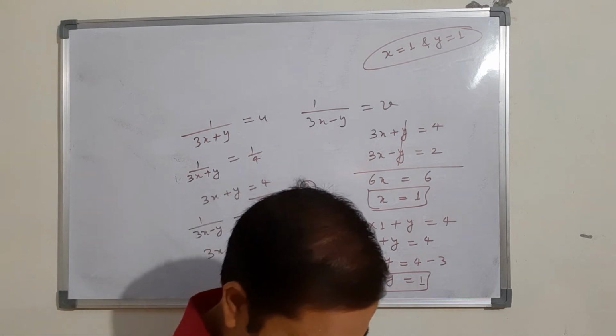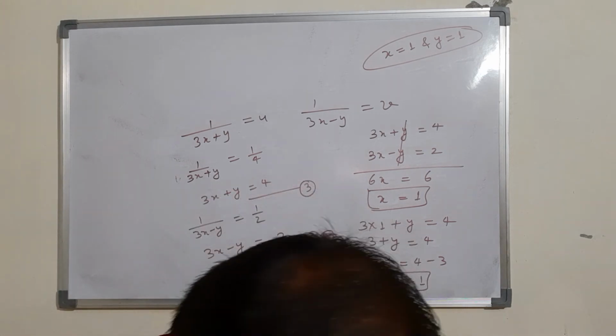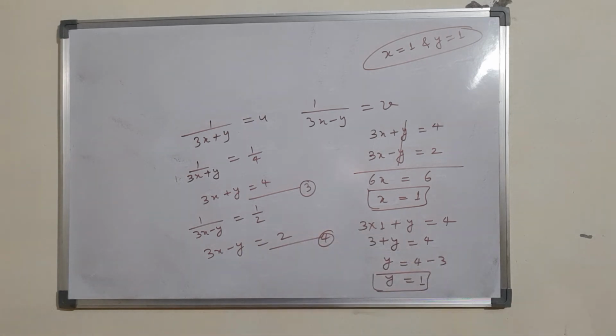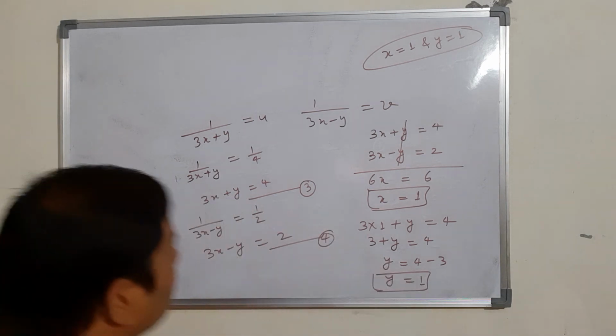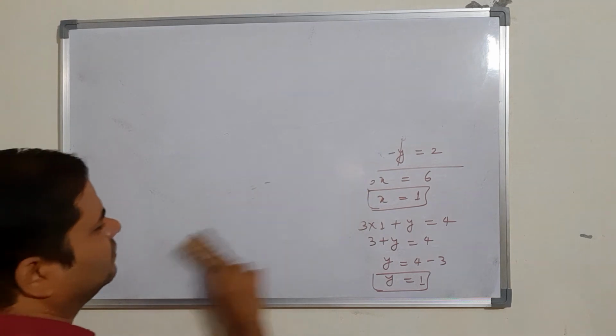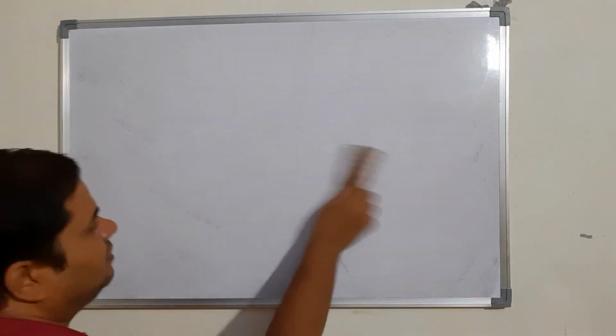x upon a minus y upon b is equal to 0. Let us see. We have to see this question.